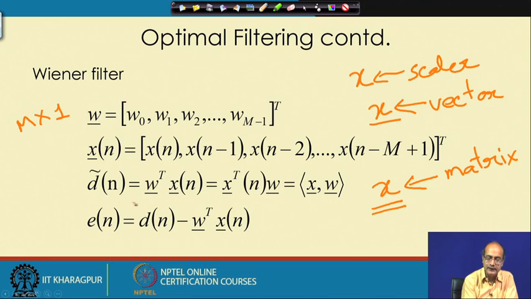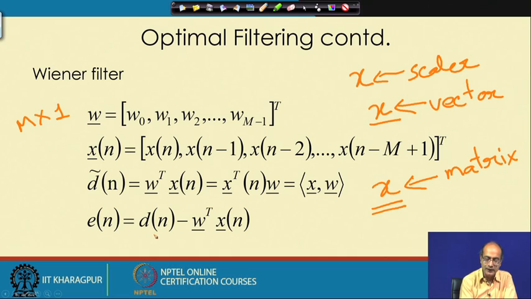So, say d tilde n, how do we get that? We get it by the dot product of these w and x n vectors. So, we can write it as w transposed x n or x transposed w, both ways. And then we have the error e n, and again e n is a scalar.